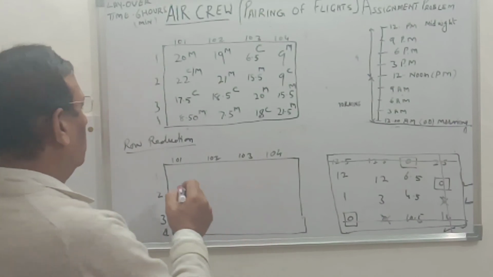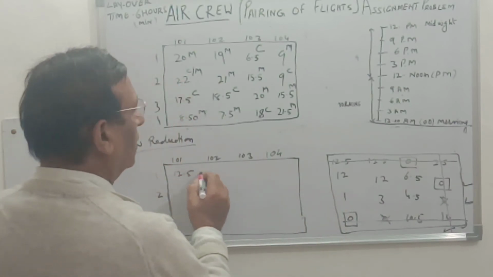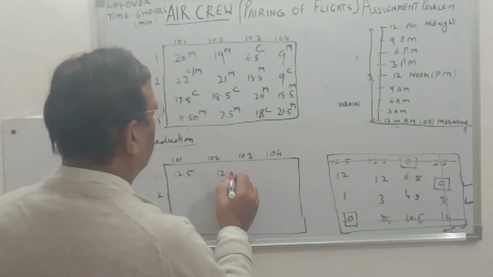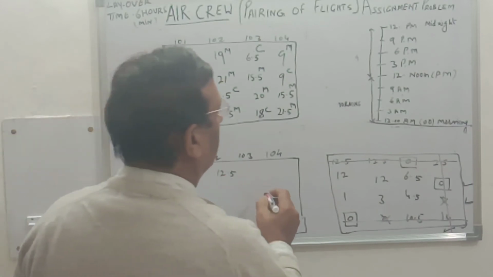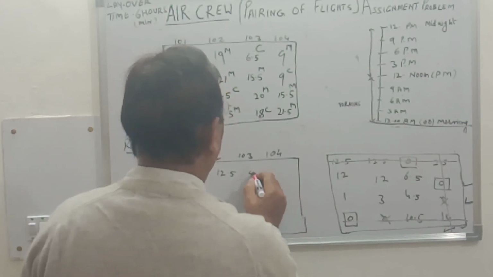Other elements are not to be touched. So 1 is the minimum element: 12.5, 12.5, 12.5, 0.